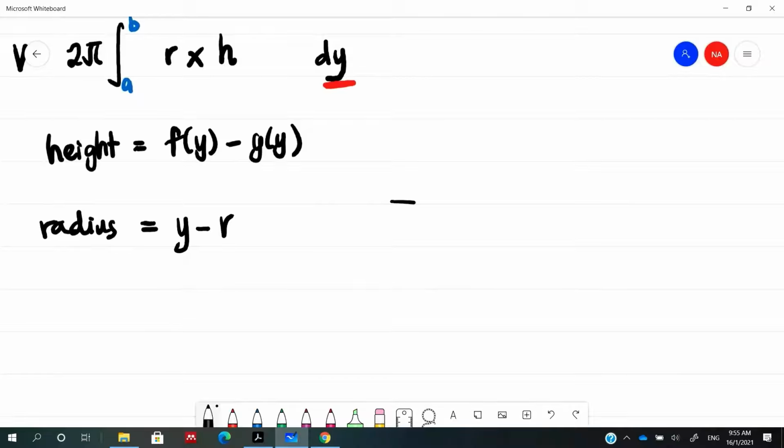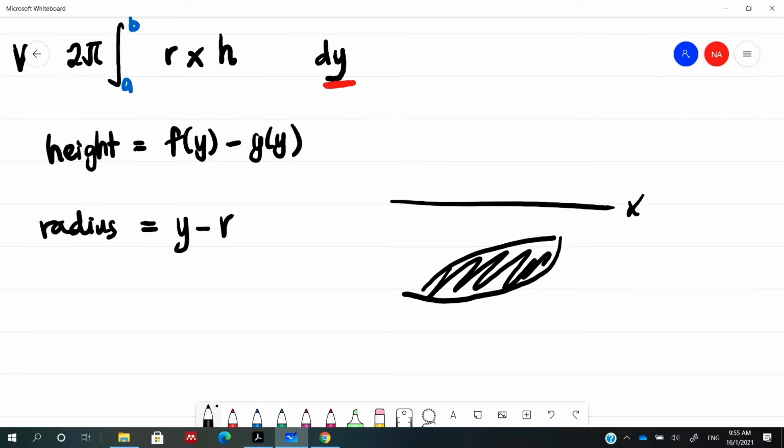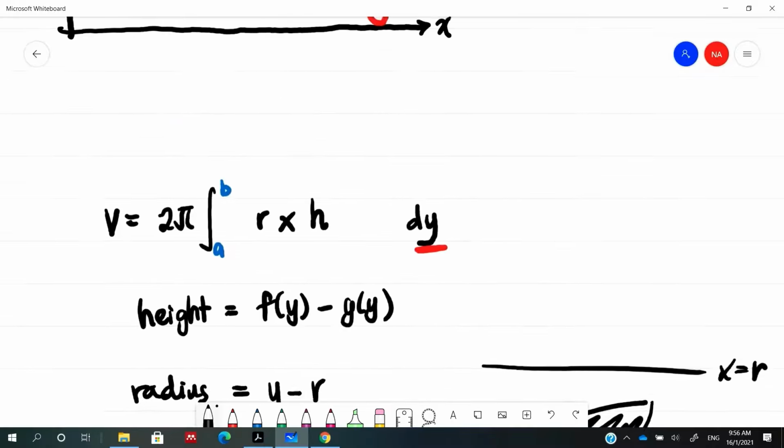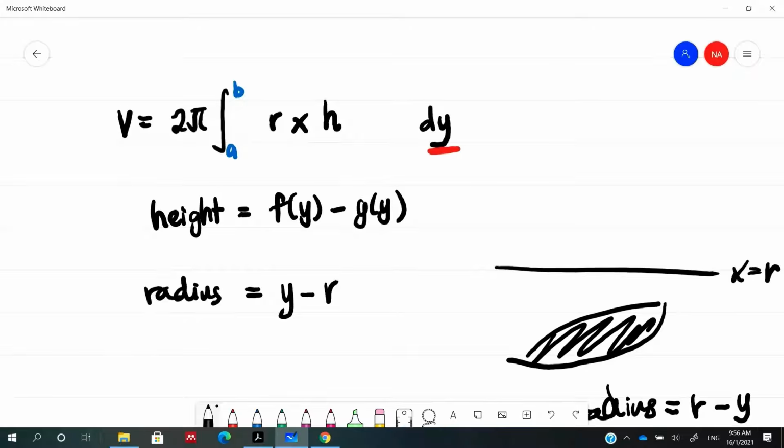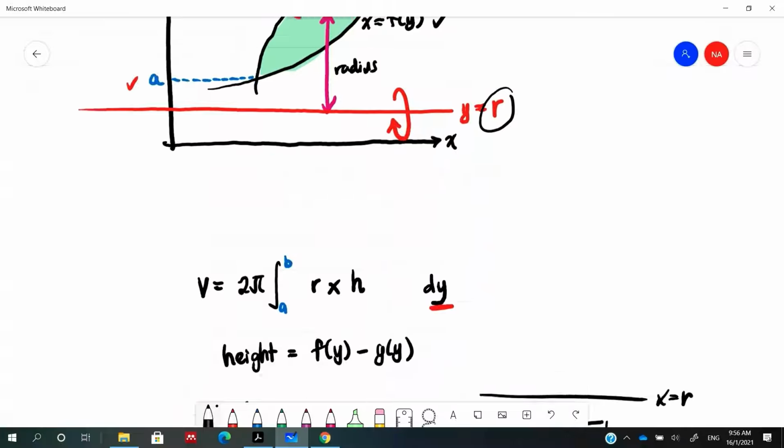If the area is below the line, suppose like this, where the axis is x equal to r, then the radius should be r minus y. This is completely different from the previous case, and later on we will look at some examples.